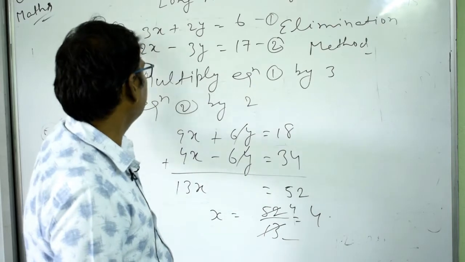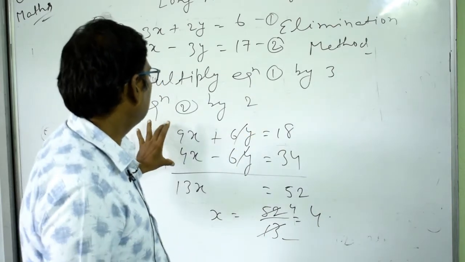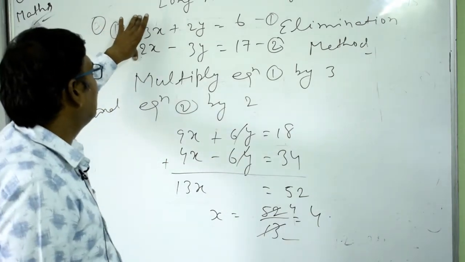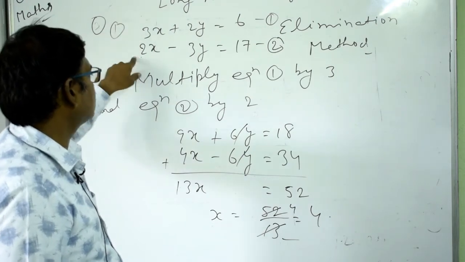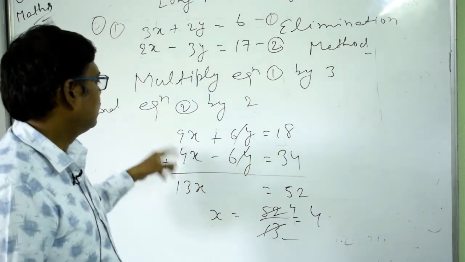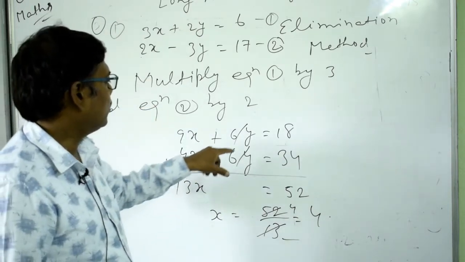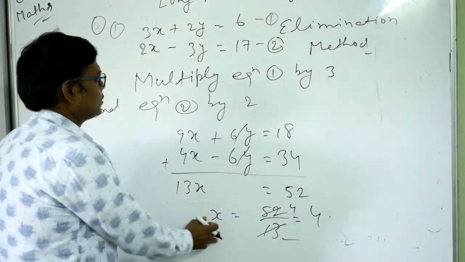These are the same equations, only with an extra factor. The original one is the given equation, and when we multiplied by some numbers we got this equation, but it is the same as this. So now we have added, cancelled out y, and got x.